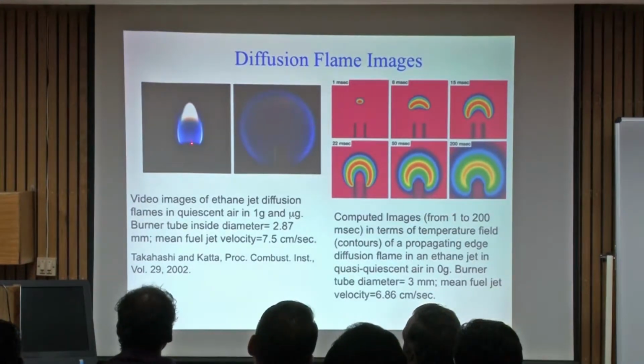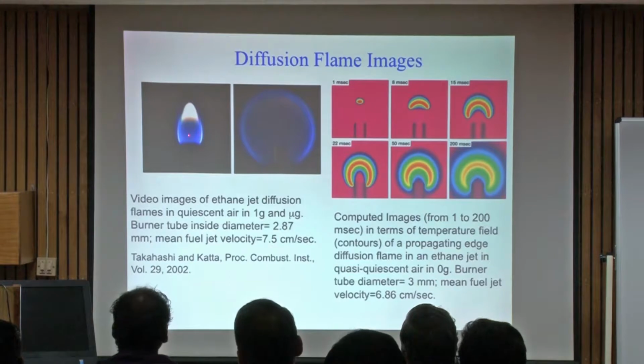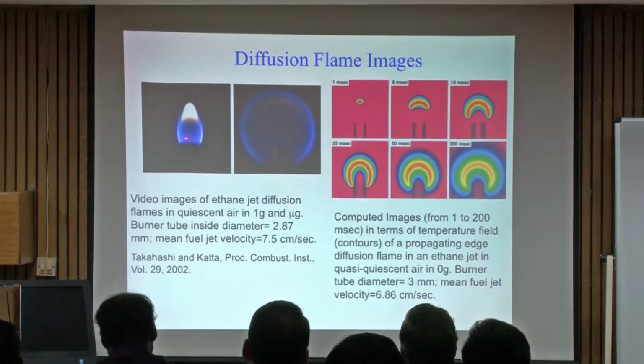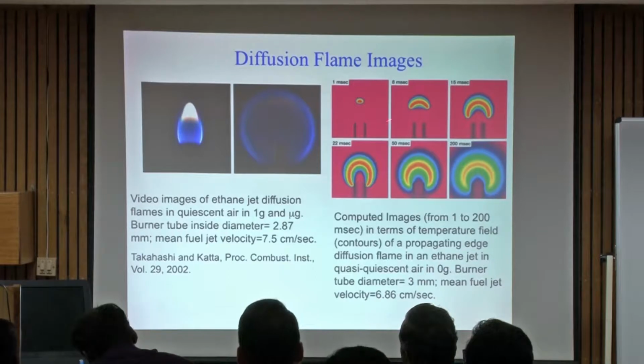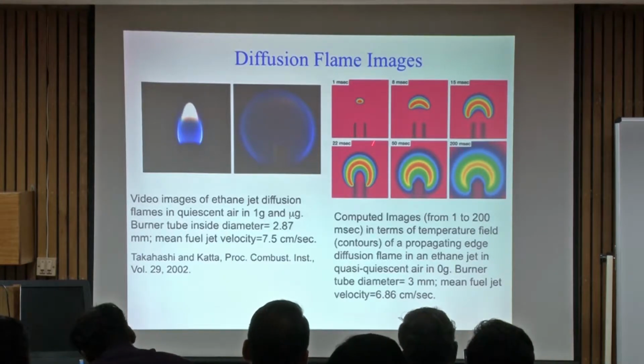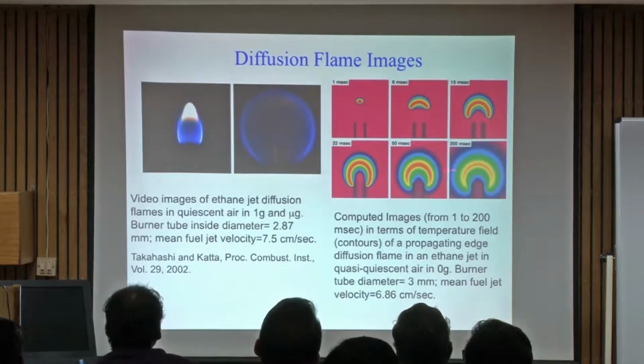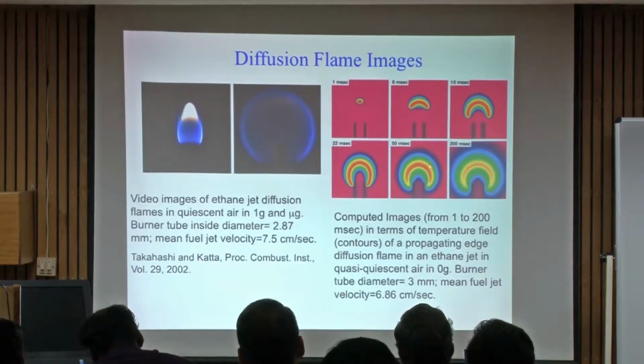The structure is that the flame is here, and the fuel inside is being transported, diffusing to the flame surface, and oxygen is coming from the other side. These are some images of the same flame computed in 0 gravity.